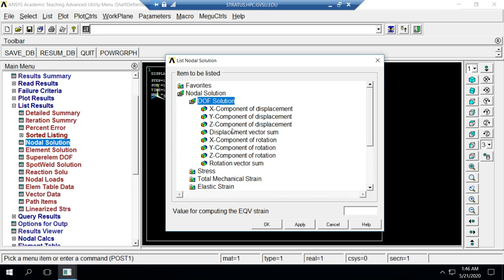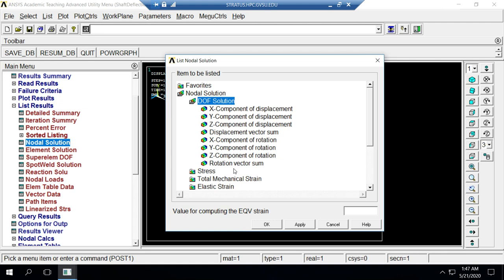In other words, it gives us displacement of each node in x direction, y direction, z direction, and this one gives the vector sum of those three displacements. The second three items are rotations, these are slopes, and this last one is the vector sum of slopes.